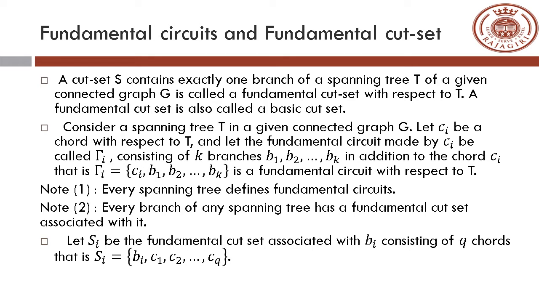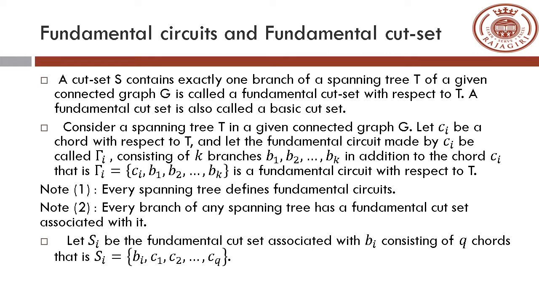Consider a spanning tree T in a given connected graph G. Let Ci be a chord with respect to T. A chord means an edge which is in G but not in the spanning tree. Let the fundamental circuit made by Ci be denoted as gamma i, consisting of k branches B1, B2, etc. Bk in addition to the chord Ci.